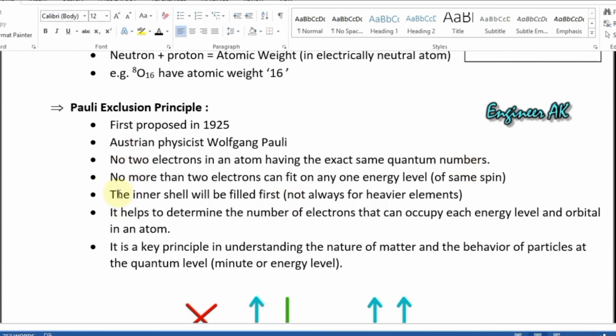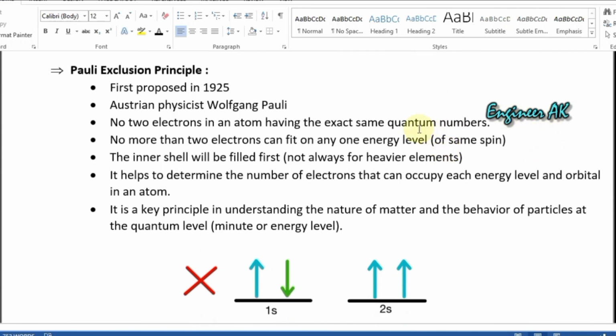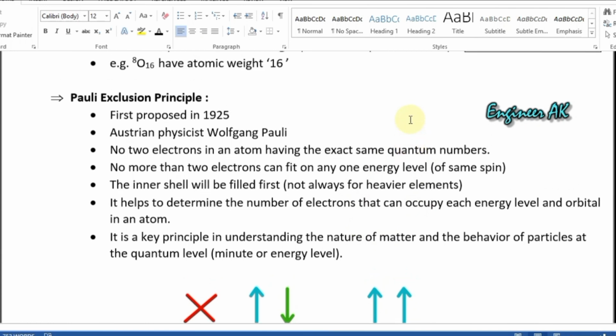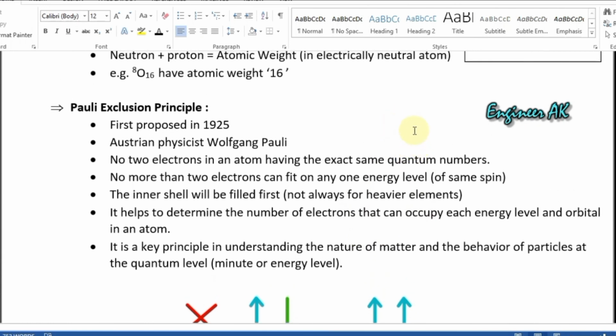Or we can say that no more than 2 electrons can fit on any one energy level with the same spin. If an energy level has 2 electrons, they must possess opposite spin. We cannot place 2 electrons having the same spin in the same energy level.